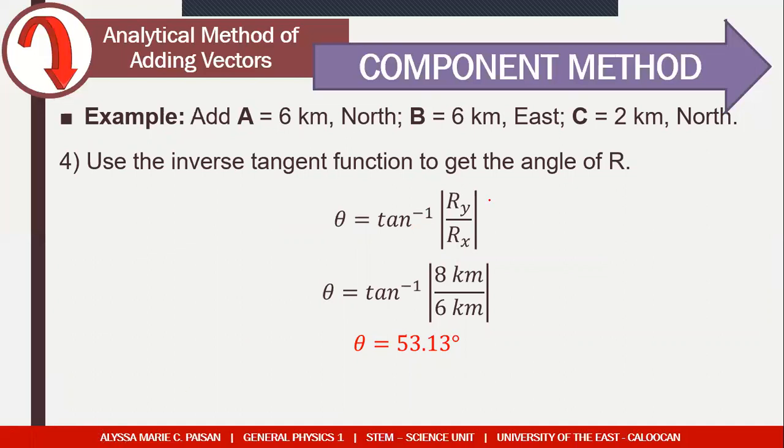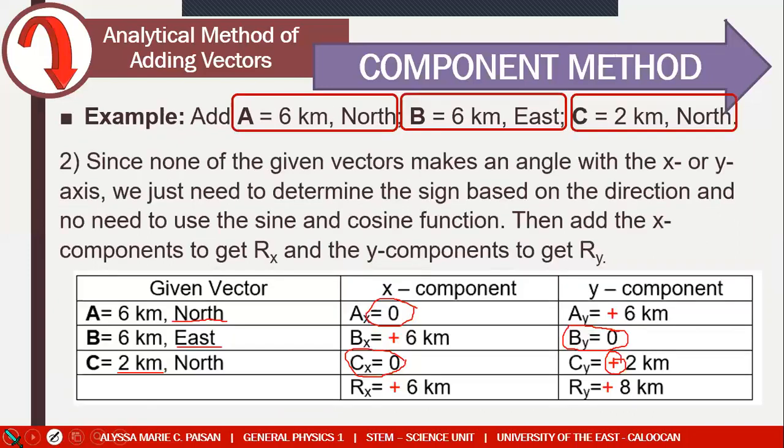And again, the numerator will be the r sub y, or the y component of vector r, or the resultant. And then the denominator is the x component of our resultant vector. So saan na naman yan galing? Galing yan ulit sa ating table. This one, 6 and then 8. Okay?